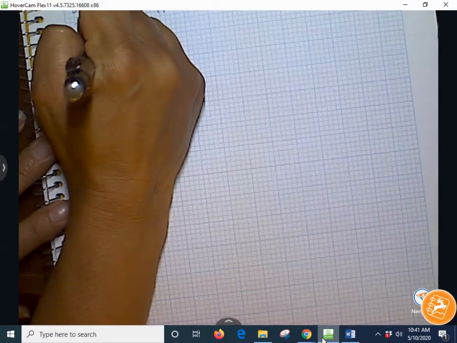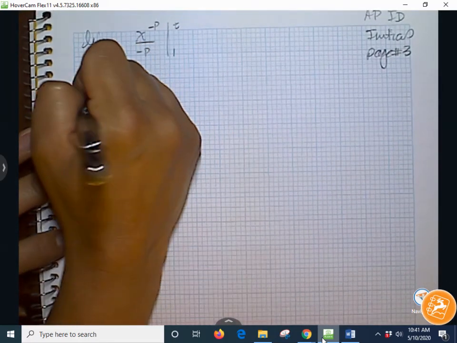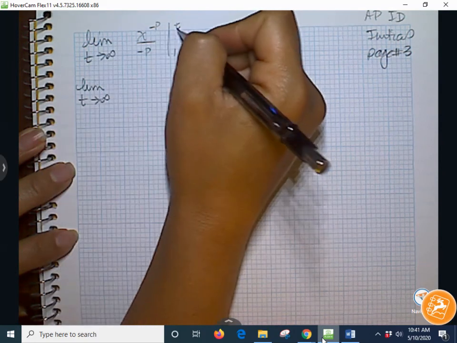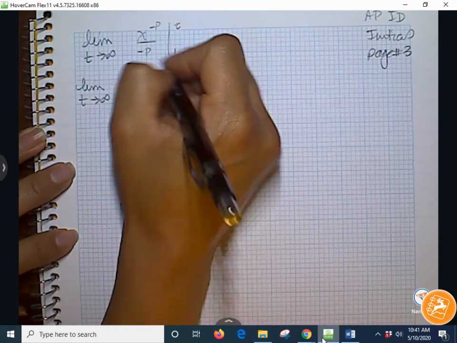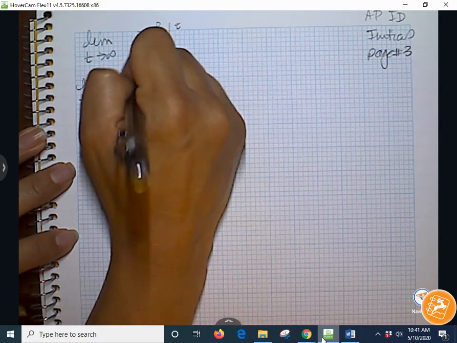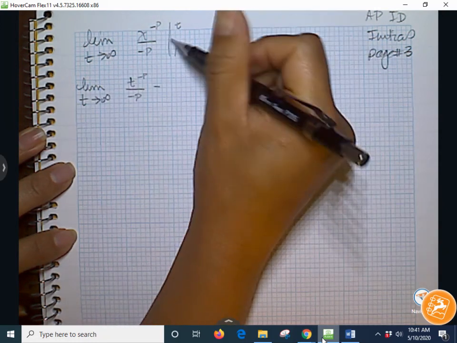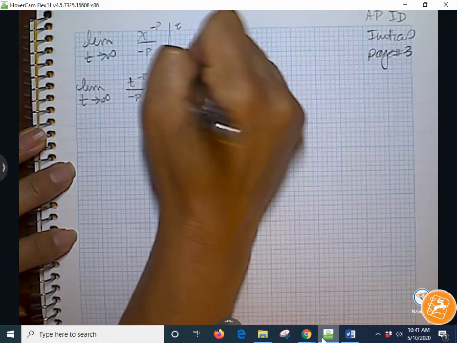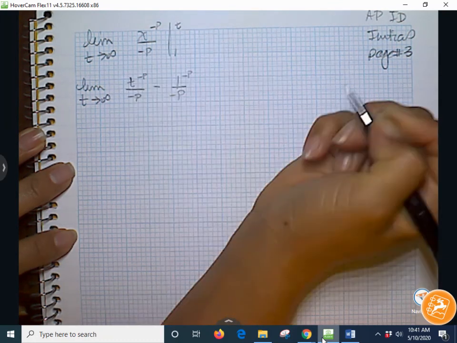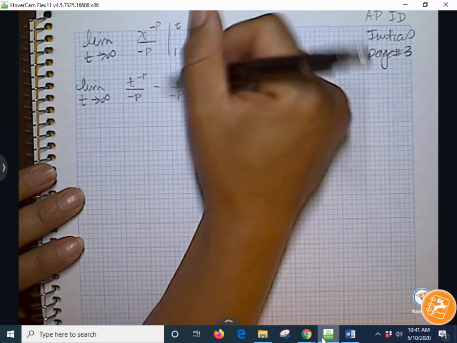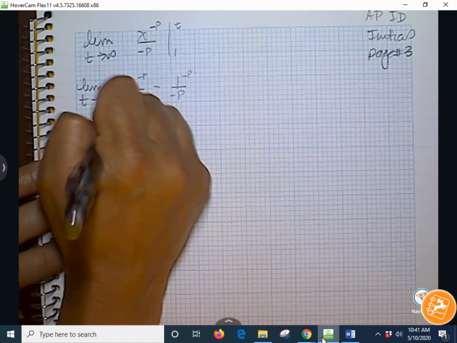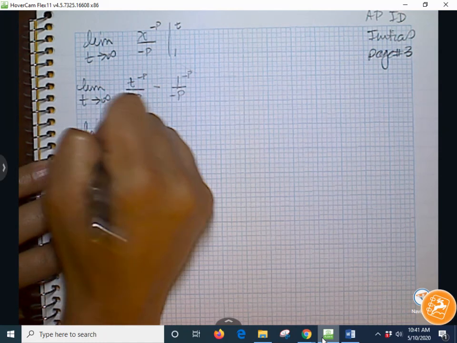All right, so this is going to be the limit as t goes to infinity, and we're going to put t in for x. So I'm going to have t to the negative p divided by negative p minus 1 to the negative p all over negative p. And I feel like simplifying this a little bit, just because I feel like it.